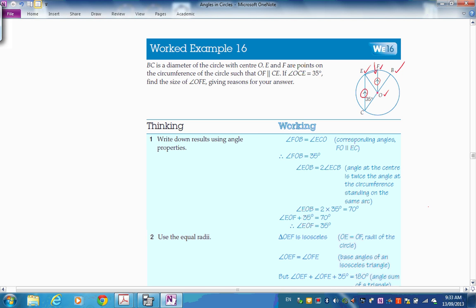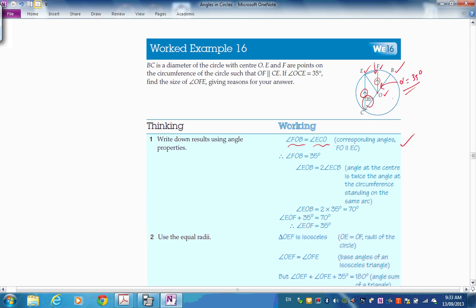Well, where can we start? Well, FOB equals ECO. They're using the parallel lines. So you could say alpha there equals 35, corresponding angle. And then FOB, therefore, that one up there, I've called it alpha, is 35.